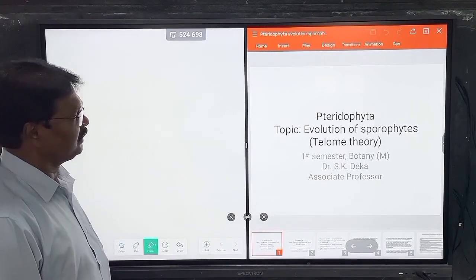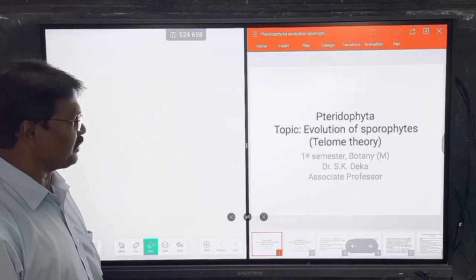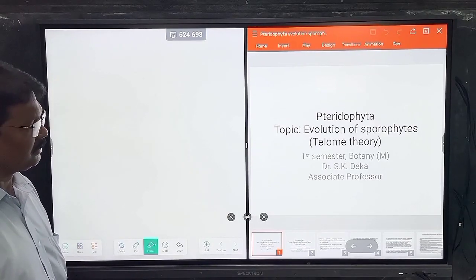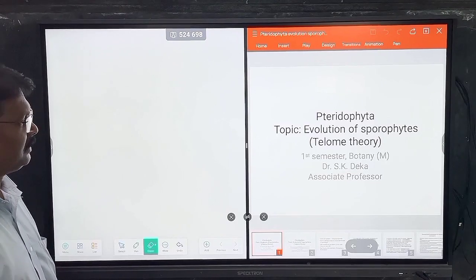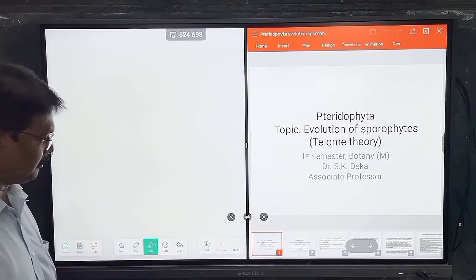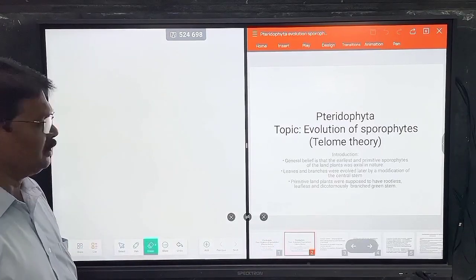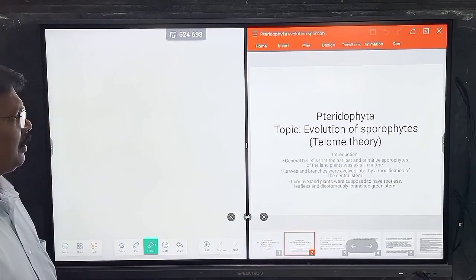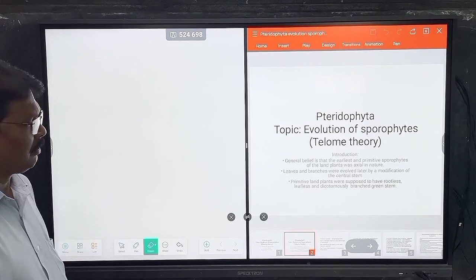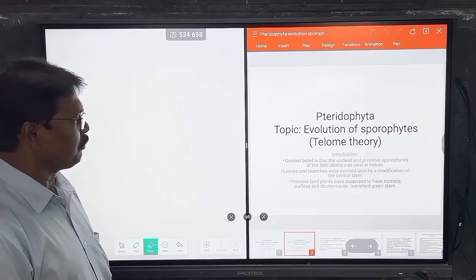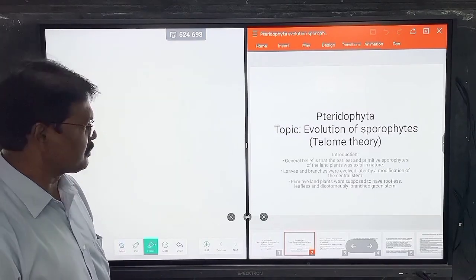Today's topic is evolution of sporophytes, which can be described by Telome theory of Zimmerman. As you know, pteridophytes are cryptogams, vascular cryptogams, non-flowering plants, but they are vascular plants.